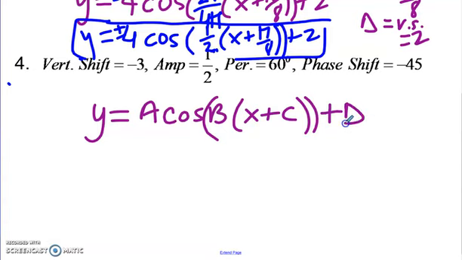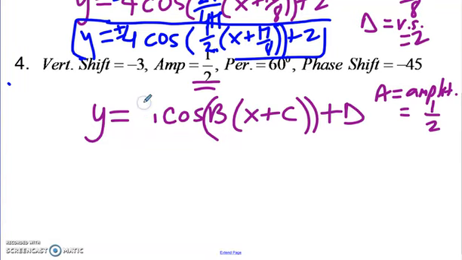All right, so A is going to be the amplitude. And in this case, the amplitude is given to us, so we have 1/2, so A is just 1/2. So let's replace that with 1/2.